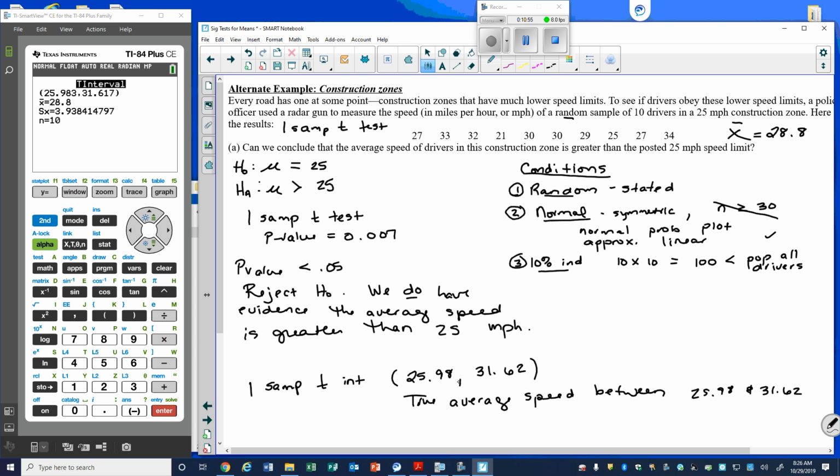Since 25 is not in the interval, and that's the speed I was comparing it against, since 25 is not in there, that supports my conclusion that I think it's greater than 25. And the fact that all the numbers in the interval are greater than 25 also supports that conclusion.